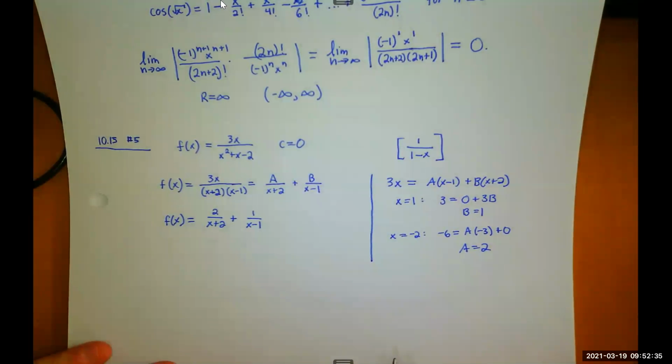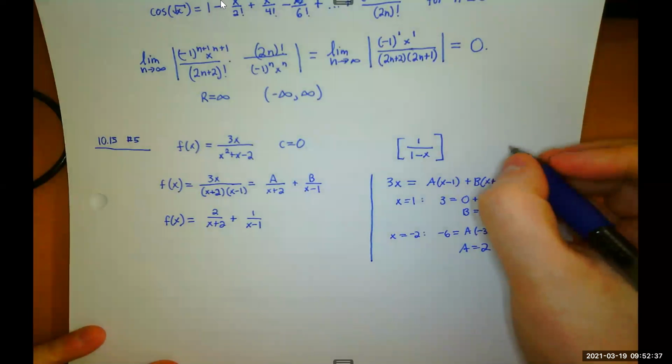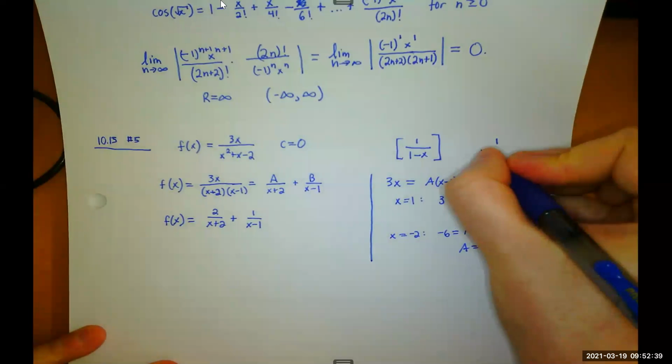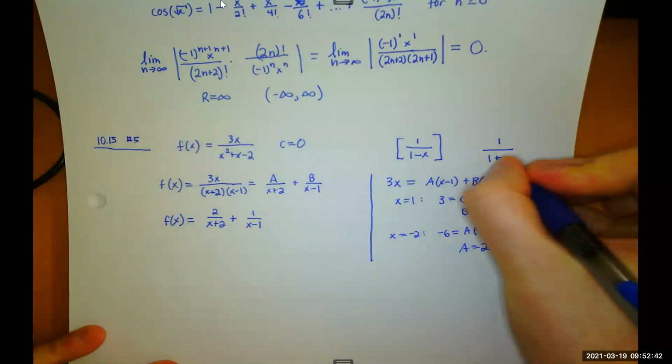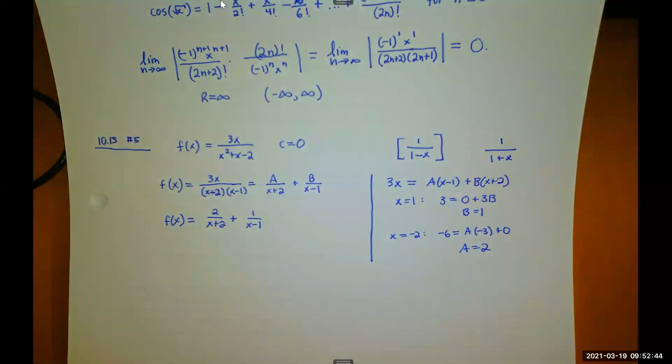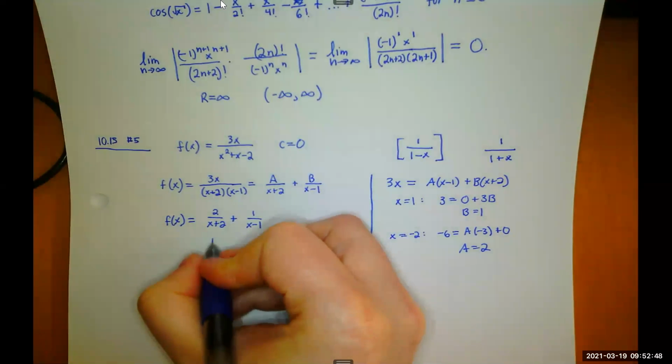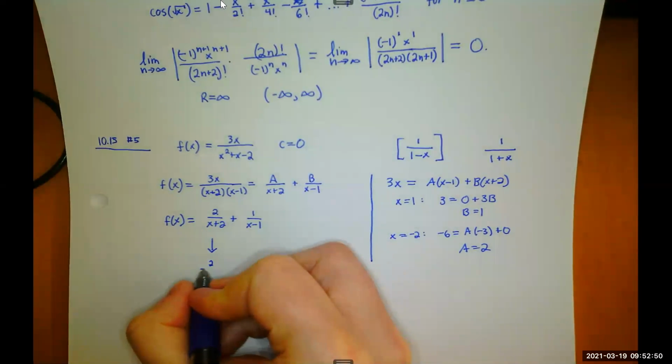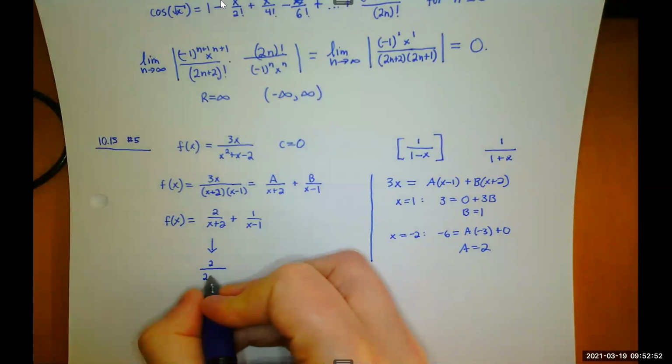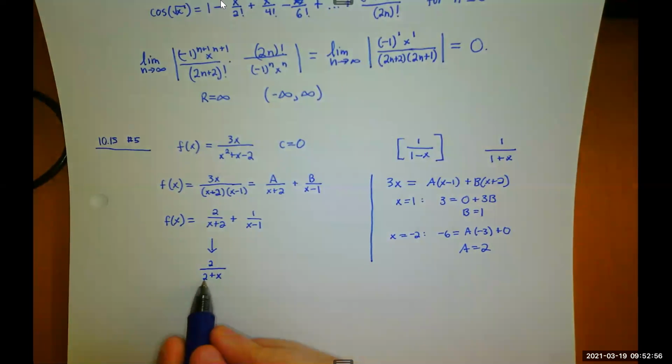So think about what it is that we want. We want something like this. So this first one is already pretty much like that, except for this 2. I would like that 2 to be a 1. So how could I do that?